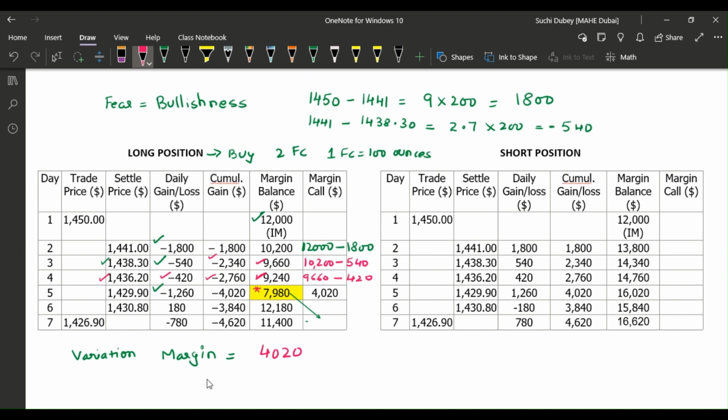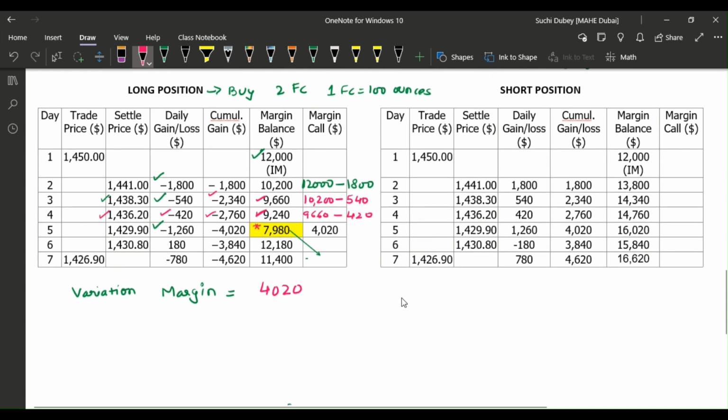Simply, you have to pay that much amount to the exchange which will match up your account balance to 12,000. So I need 12,000. I have to deposit the difference from what you already have if this trade gets executed, 7980. If you simply find the difference, you get 4020.